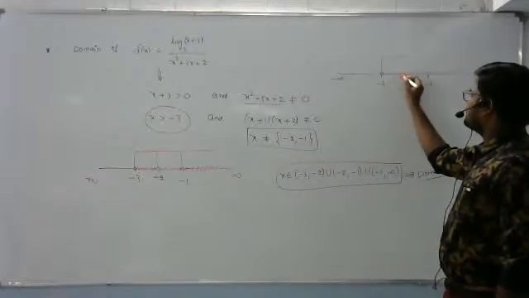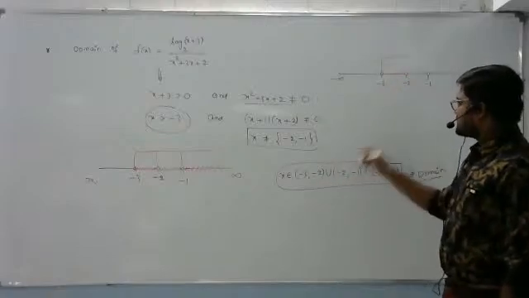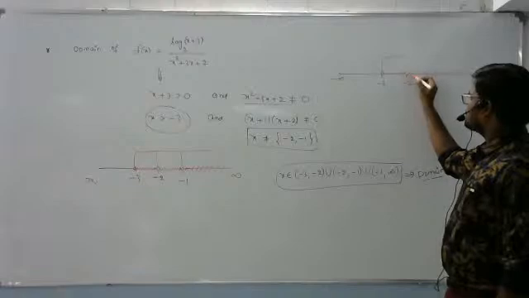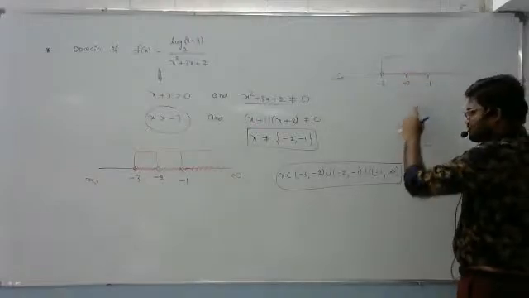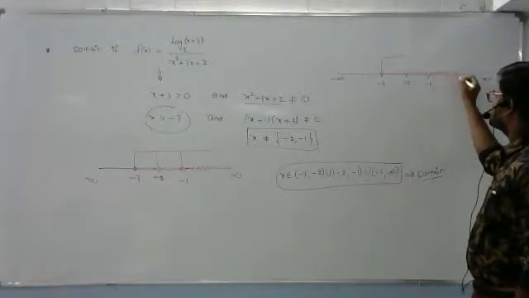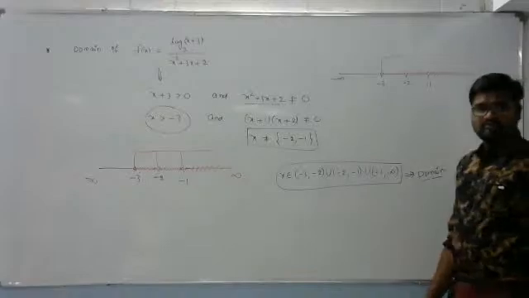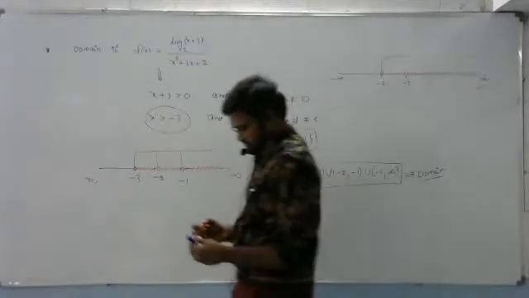Therefore, I'll take all the values between minus 3 to minus 2. And since x cannot be equal to minus 2, I should not take minus 2. Again, minus 2 to minus 1. And since I should not take minus 1, again I'll put bubble at minus 1. And after minus 1, up to infinity. Understood? Dinkar? Very simple.